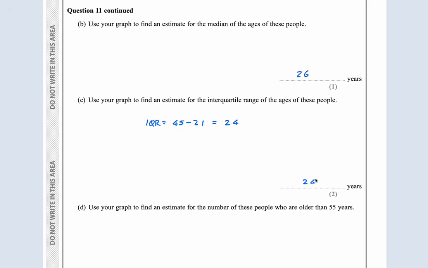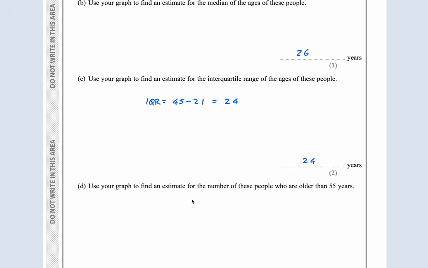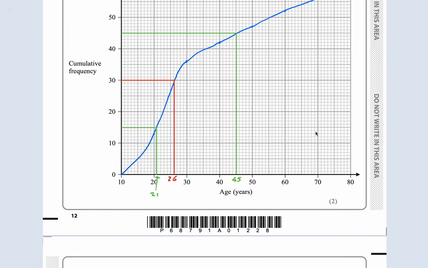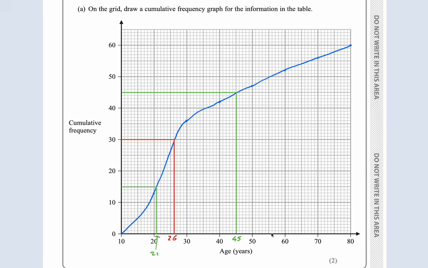Finally, use your graph to find an estimate for the number of these people who are over 55 years. Okay, so if I go to 55 here and go up, this is almost bang on 50.